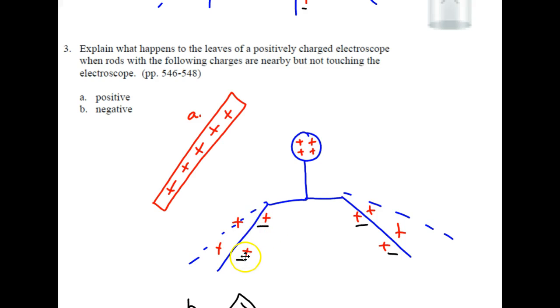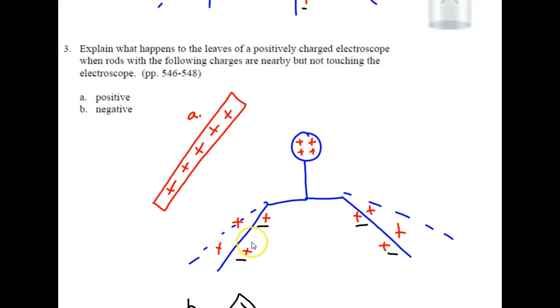Just because we say it's positively charged doesn't mean there's no electrons in it. It just means there's more positive charges than negative charges. In other words, there's an absence of electrons in the electroscope that is positively charged. It doesn't mean there's no electrons here. It just means there's an absence, generally speaking, overall, of electrons.